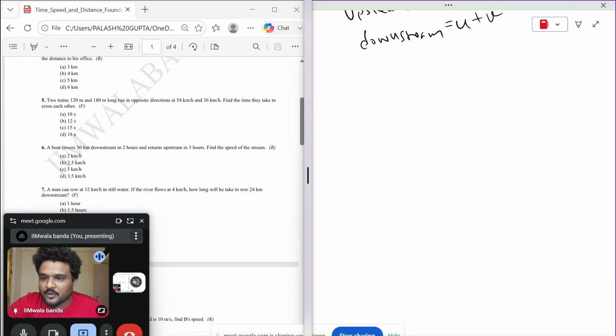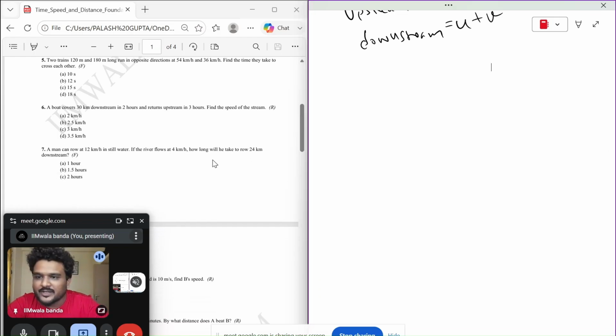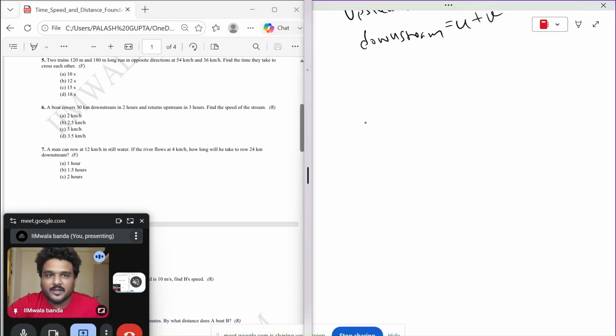Again, a man can row. Let's look at the question. It is also from the same concept. It says a man can row 12 kilometers per hour in still water. That means if there's no stream speed, the boat speed is 12. So if he can row in still water at 12, U is 12. The river flows at 4. So that is basically the stream speed, which is V. How long will it take for him to row 24 kilometers downstream?